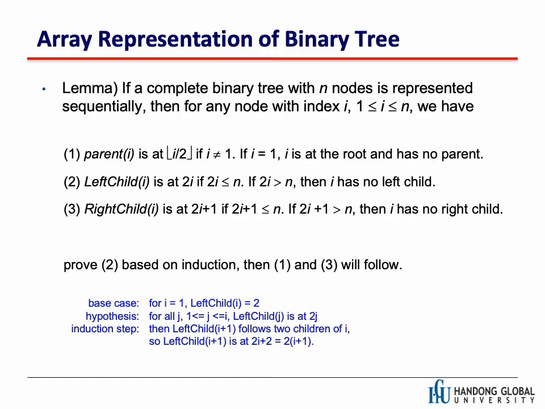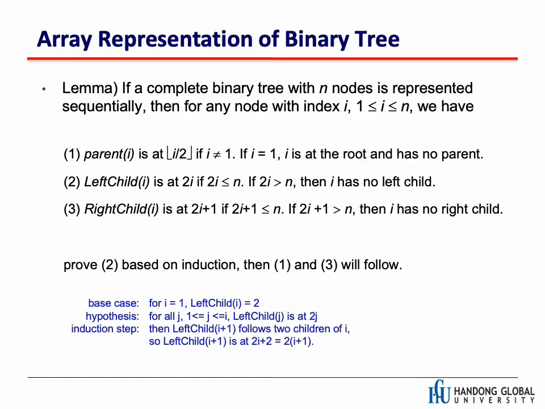The induction hypothesis says that for all j between 1 and i, the left child of j is at 2 times j. Let's assume that this is true. Then the induction step says that the left child of i plus 1 follows the 2 children of i. So the left child of i plus 1 should follow the 2 children of node i.